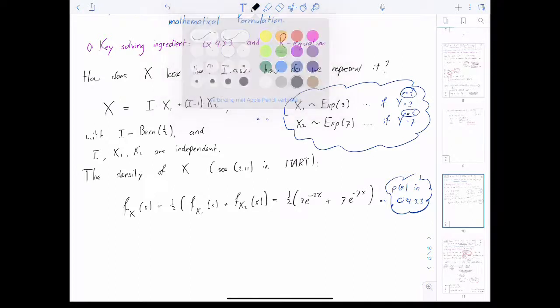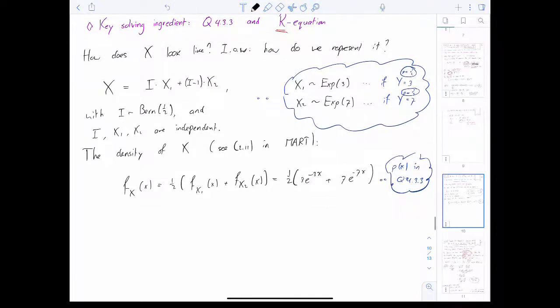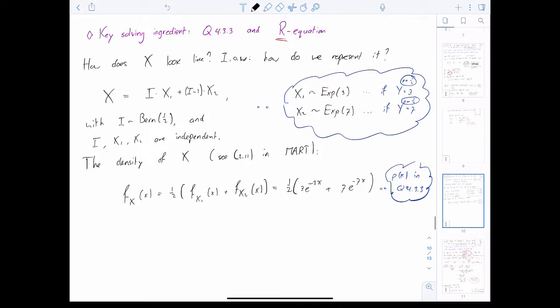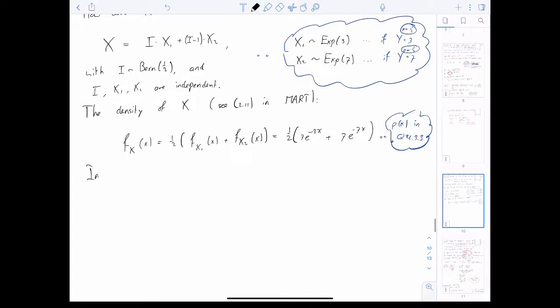And why is that important? Well, in exercise 4.3.3 we actually derived the value of R, the adjustment coefficient. So in question 4.3.3 we saw R equals 1. This was the solution.